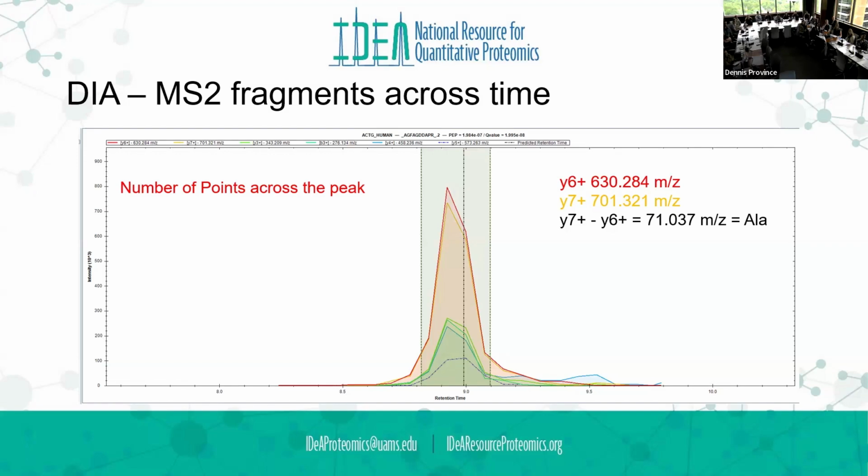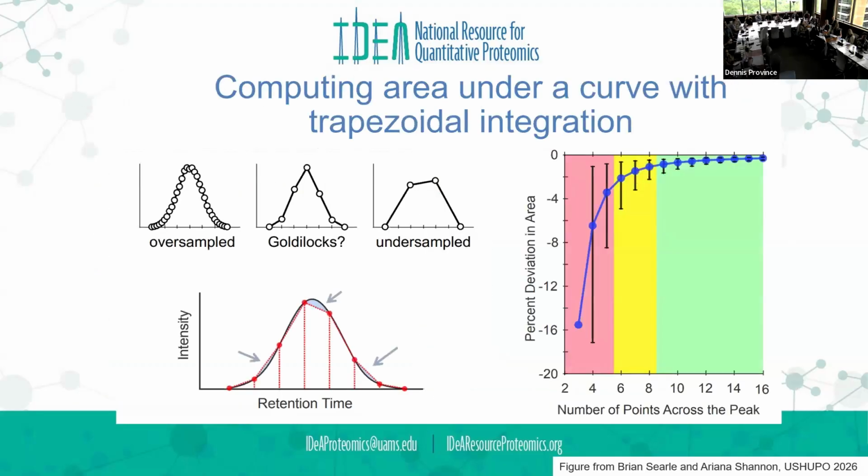So you've got to count. I'm literally saying you've got to count 1, 2, 3, 4, 5, 6, 7, 8. So we have about 7 or 8 points across the peak, and there's this envelope here where we're going to do our quantitation. I borrowed this from Brian Searle. I was up at US HUPO a couple of months ago, sitting in one of his classes, and he had this great little chart.